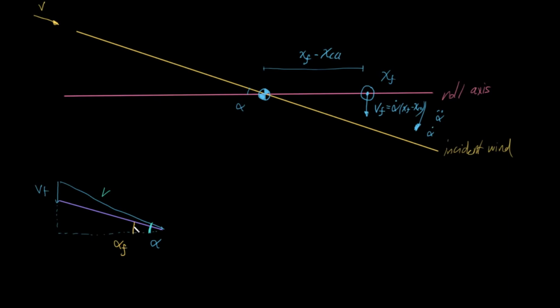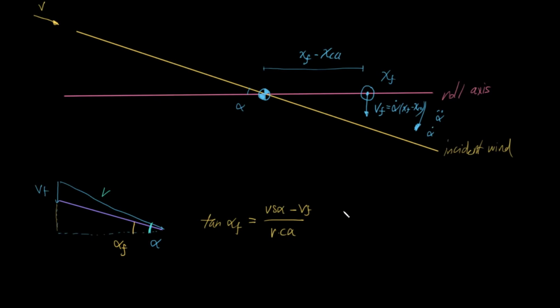If we take, for example, the tangent of alpha fin, it's going to be equal to the sine of alpha times V minus VF, divided by V times the cosine of alpha.